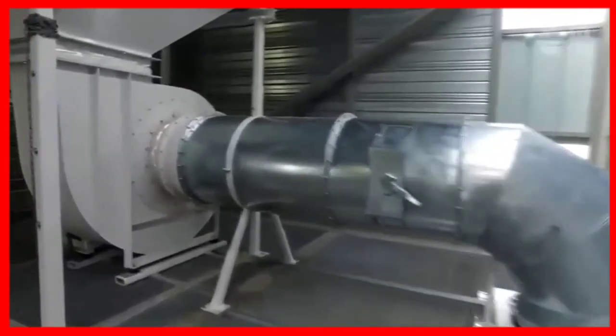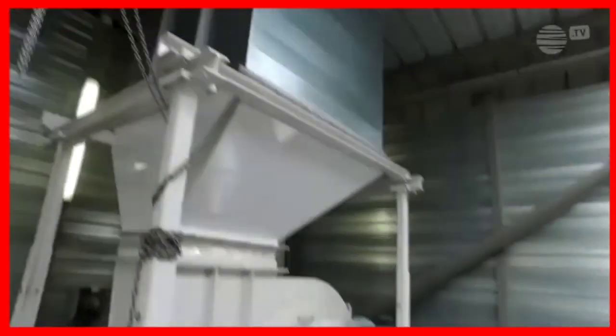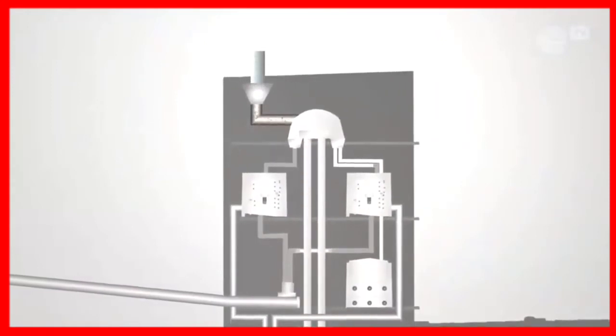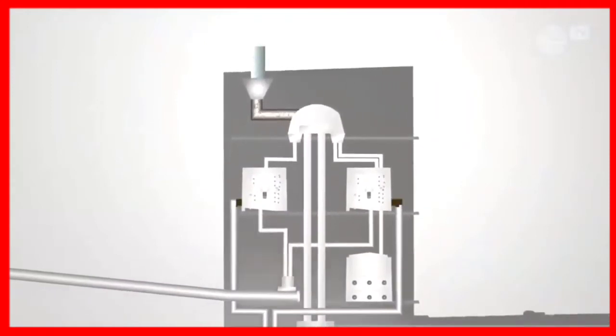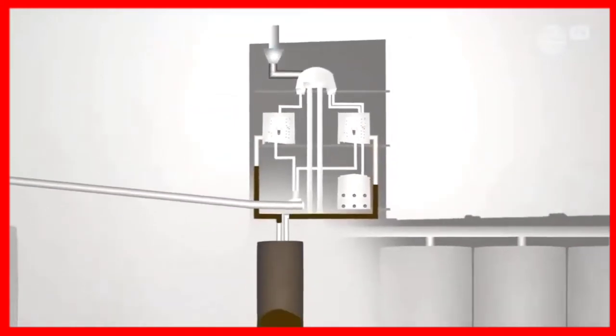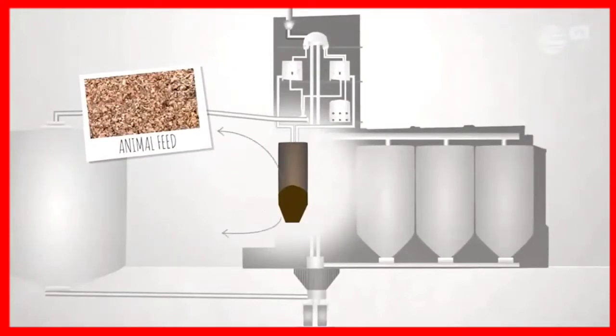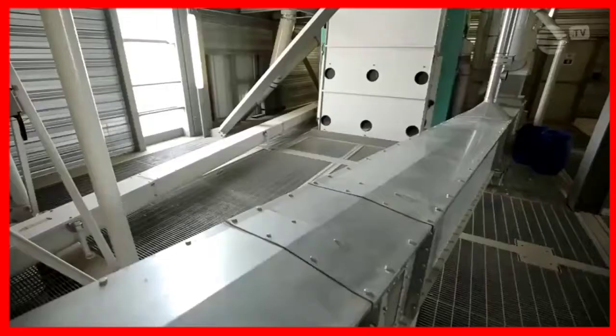The dust generated throughout the process is removed using an aspiration system. This dust-filled air is first filtered before being expelled outside. The impurities and dust are sent to the waste pit located outside the silo. After processing, these byproducts can be sold to various industries.